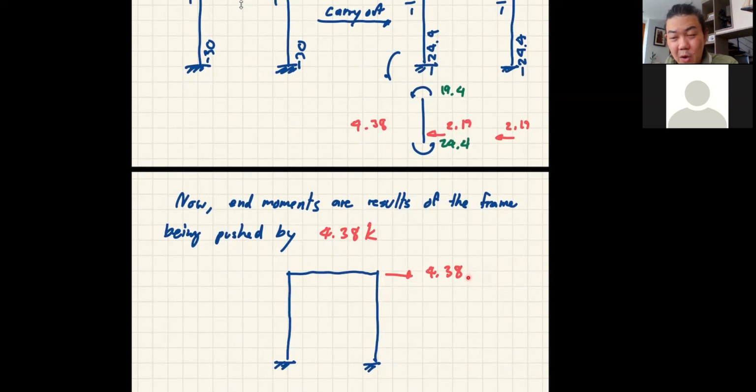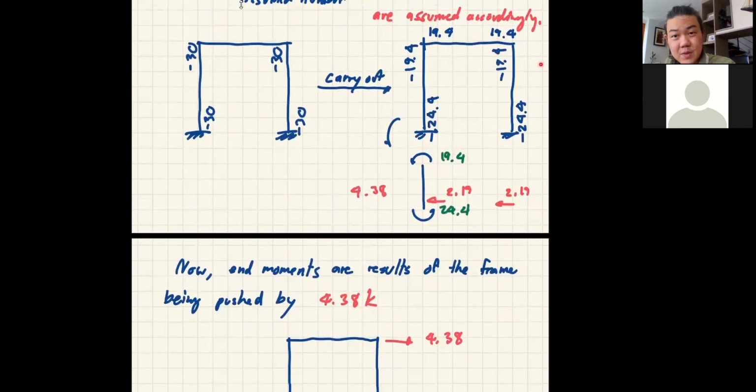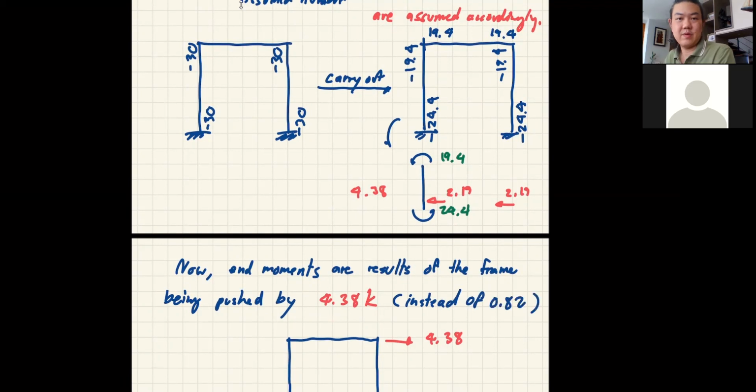We want the moment caused by the load equal to 0.82 K. But now we have the moment caused by the load equal to 4.38 instead of 0.82 that we want. So let's say if you have magic and you assume some number and then in the end you get 0.82 here, you are done, right? But no, it's not going to happen.